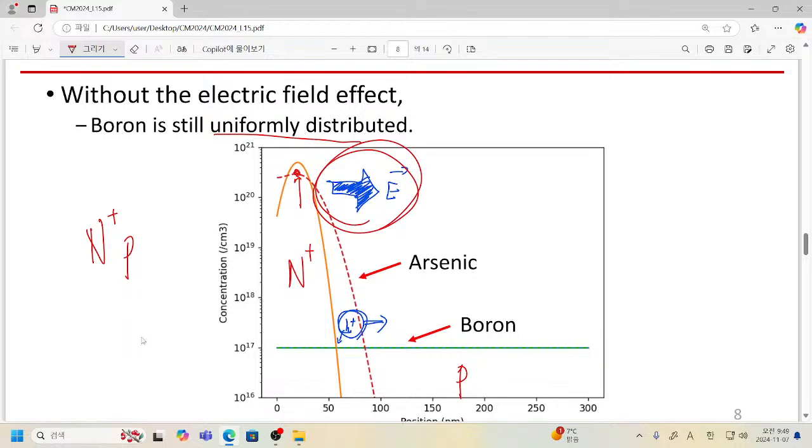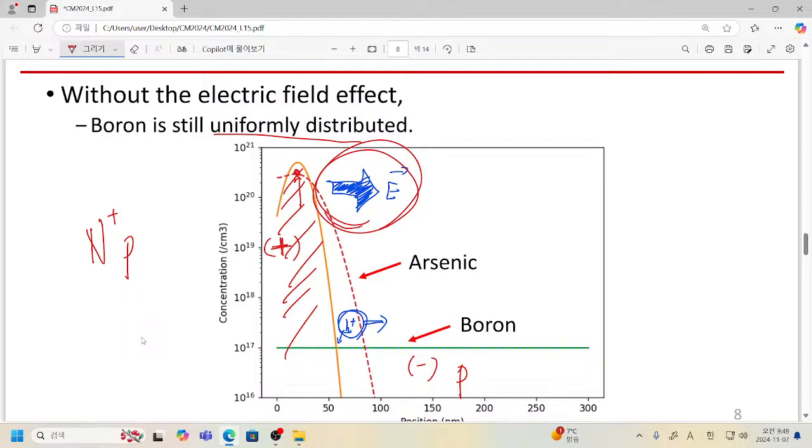This intrinsic electric field, or built-in electric field, additionally pushes our dopants. For example, let's say that here we have n-type donors and they are positively charged, and here we have borons, p-type dopants, and they are negatively charged.